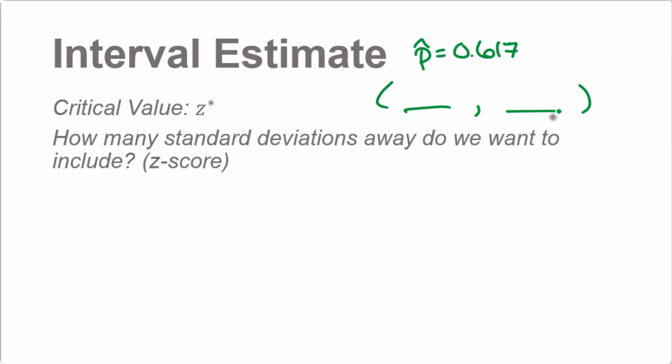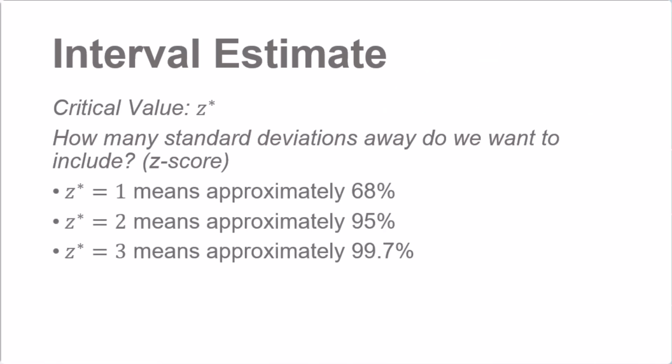So we know our standard error, or the standard deviation of these sample proportions. How many standard errors do I want to move away, above and below? This is what makes up the margin of error. So in the normal distribution, some examples, these are based on the empirical rule. If your z-star, your critical value, was exactly 1, that would mean we'd get approximately 68% of possible values within that region.